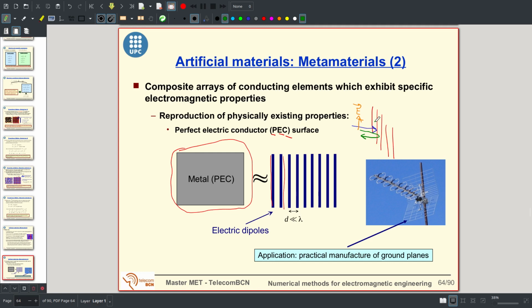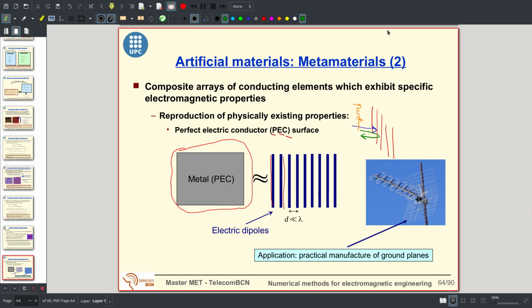In fact, some time ago I wrote an exam problem for the engineering physics degree in which they analyzed the array of wires and proved that the array factor was responsible for the reflection. It was the array factor that reflected the waves. Okay?